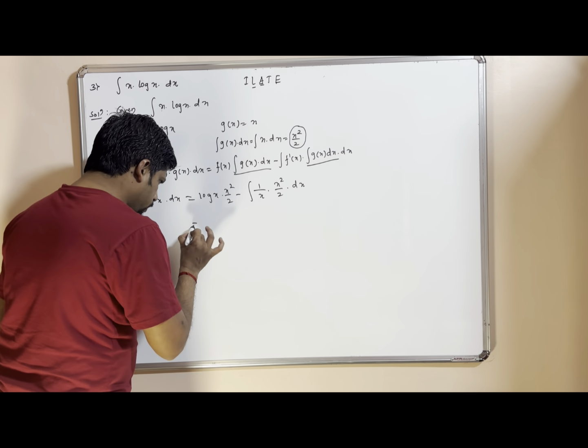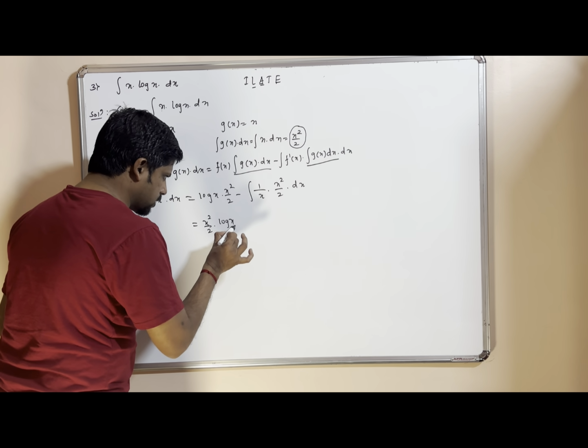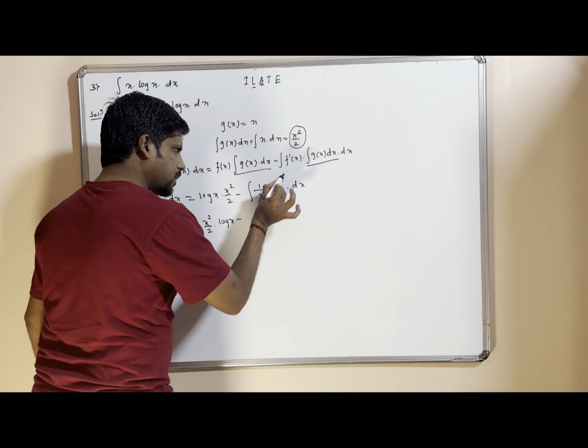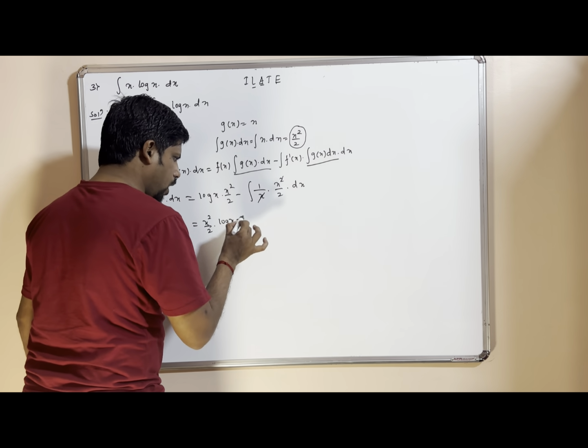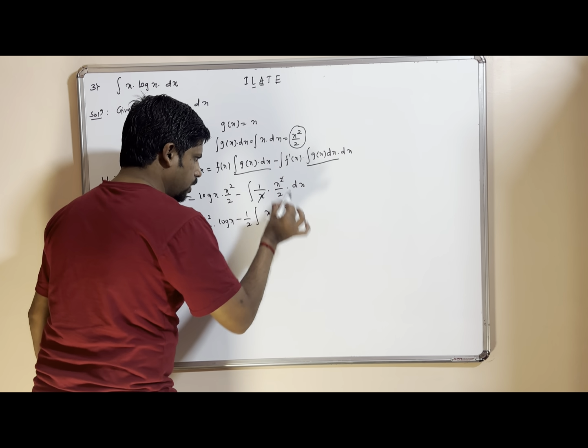And here we have x square by 2 into log x, keep it as it is, minus, here 1 x gets cancelled, 1 by 2 I will take outside, and we remain with x into dx.